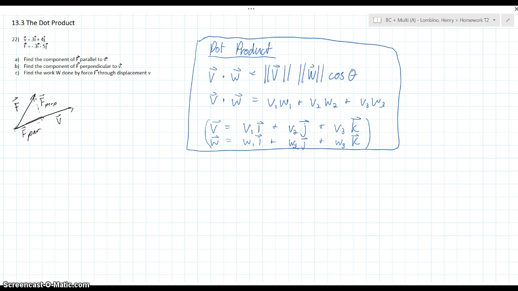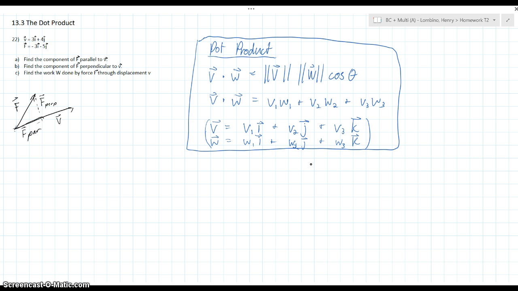Alright, we're going to be looking at 13.3 today. That is the dot product, which is essentially this right here. All this stuff in the square: the dot product of a vector v and w equals the magnitude of v times the magnitude of w times the cosine of theta, theta being the angle between those two vectors.